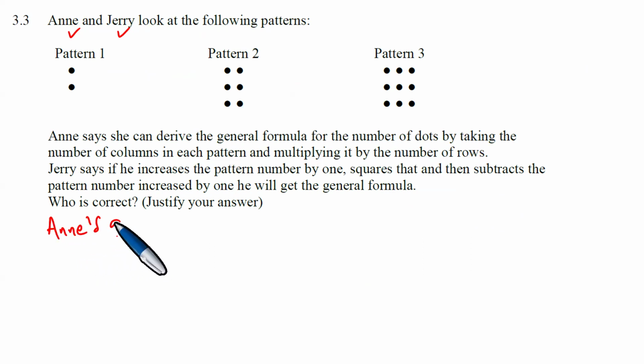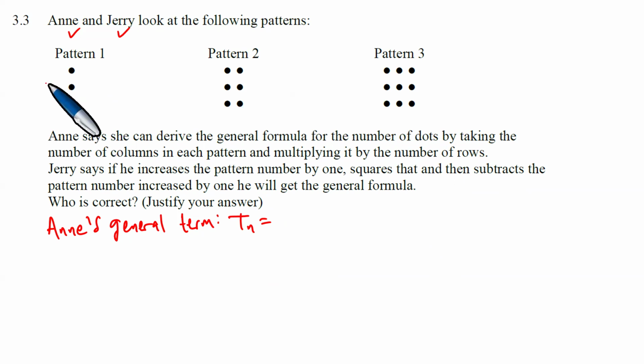Let's look at Anne's general term. Anne's general term is actually Tn equals. Anne says that she can derive the general formula for the number of dots by taking the number of columns in each pattern and multiplying it by the number of rows. Like at this point, there is 1 column, and how many rows are there? 2 rows.